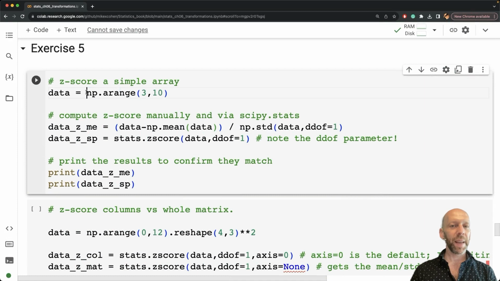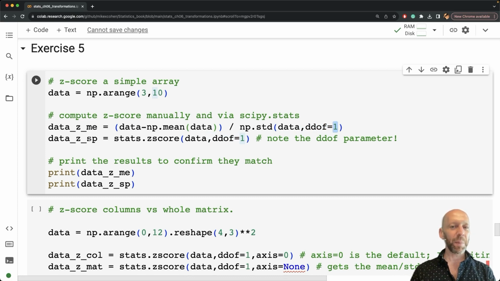Here I create an array of numbers 3 through 9. Here is my manual implementation of the Z-scoring method. So it's the data minus the mean divided by the standard deviation. And you can see I'm using ddof, the denominator degrees of freedom parameter, to be set to 1. This gives us a sample standard deviation.